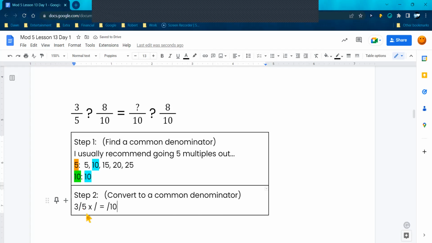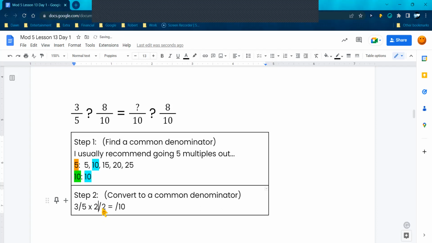So here I've got to think, 5 times what number gives me 10? I should know that 5 times 2 is 10, but if not, go up to step 1 and count your multiples. 1, 2. Right there, you'll see that there's 2. And remember, we want a whole 1. And in order to do that, whatever I did to the denominator, I have to do to my numerator.